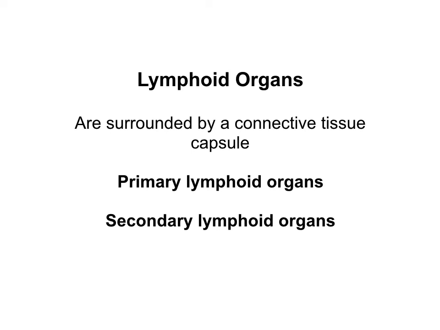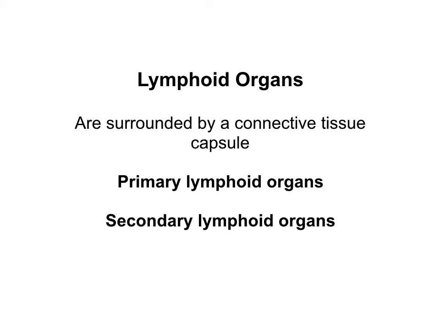Now, when you're dealing with lymphoid organs, you are looking at lymphatic tissue that is surrounded by a connective tissue capsule. So just by adding that little outer covering, you are now an organ. And there are two different classes of lymphoid organs.